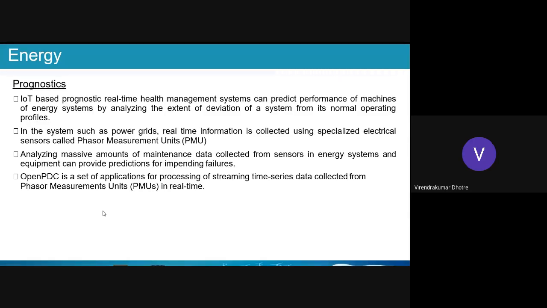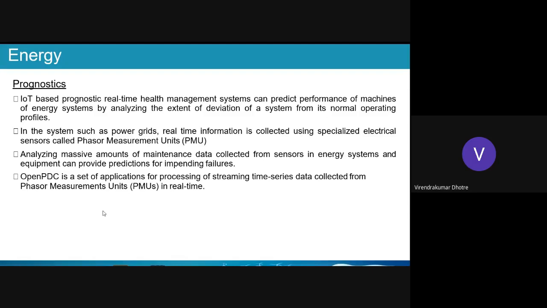Health in the sense of how they are performing, what is their normal working style, how much they perform, and in what circumstances they are going to fail. That is assumed. So in such a way, real time monitoring of all these devices is done. And if at all we identify that particular devices are going to fail, we can make necessary arrangements. So such a system is prognostics.